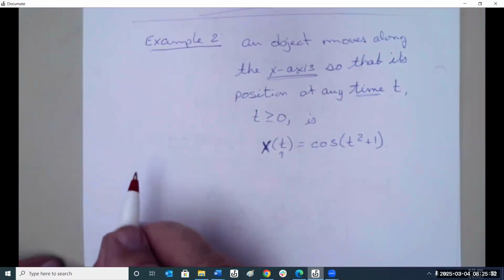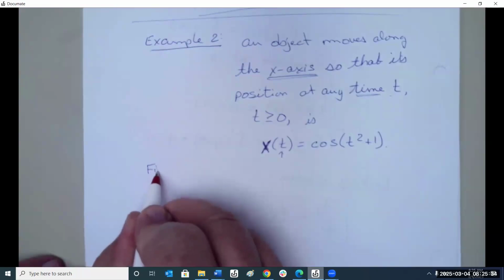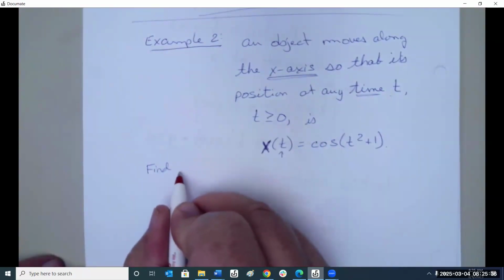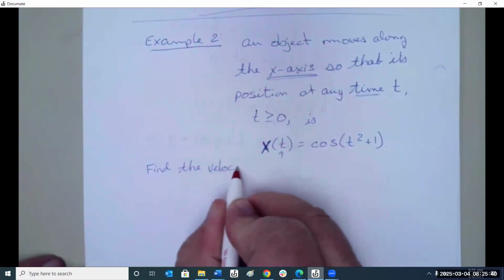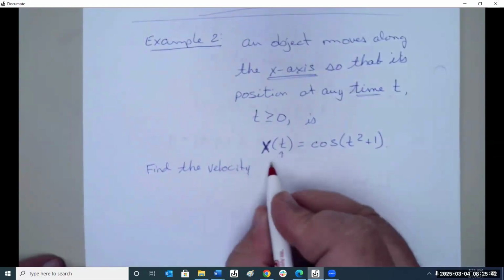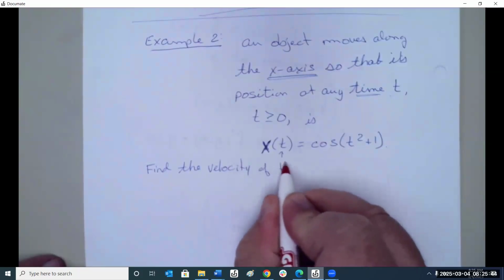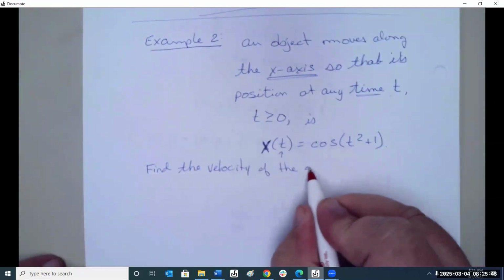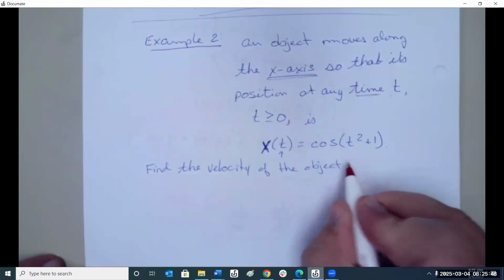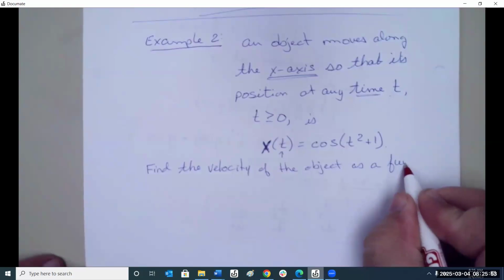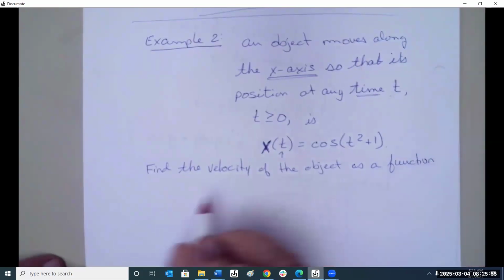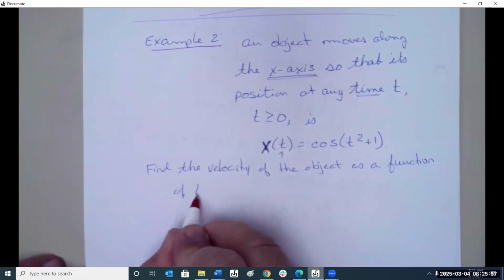So the question is, find the velocity of the object as a function of t.